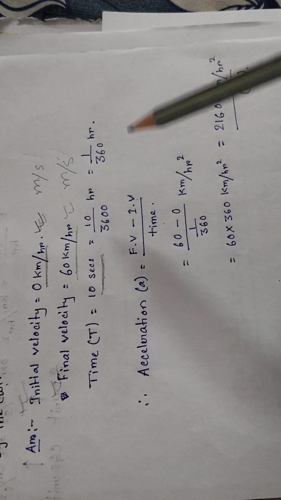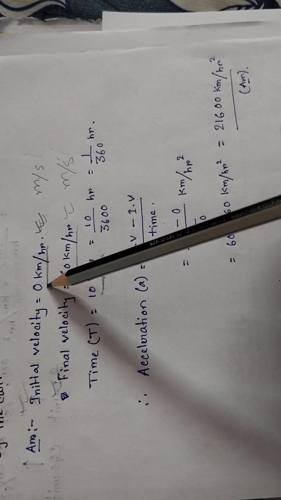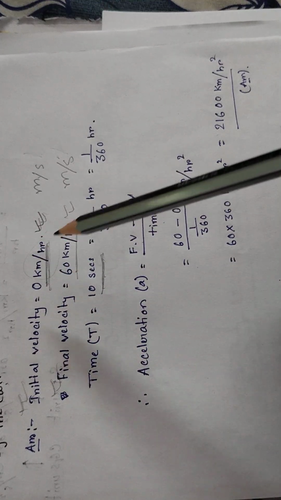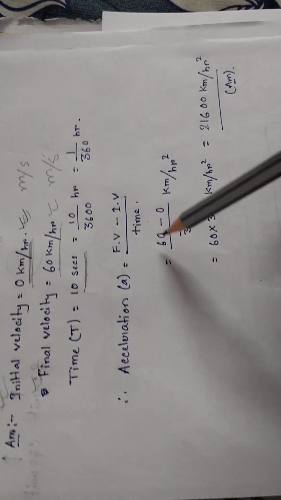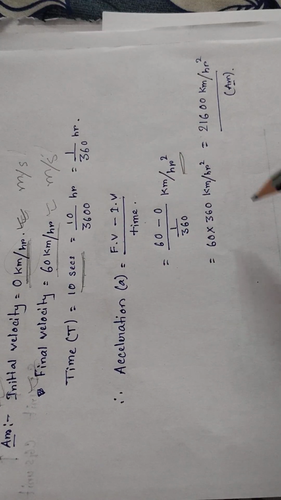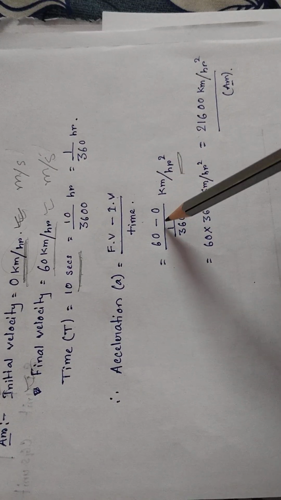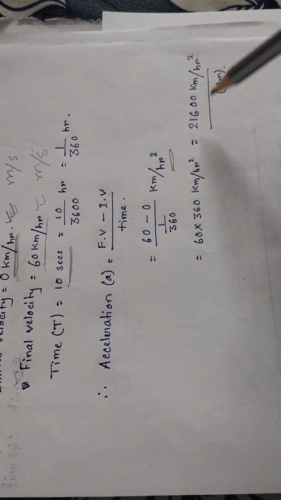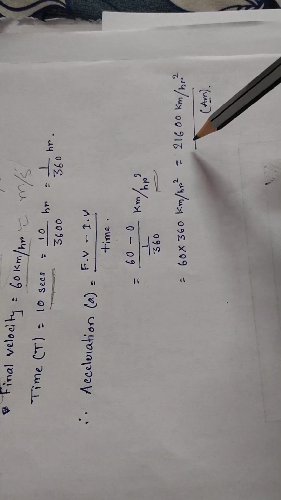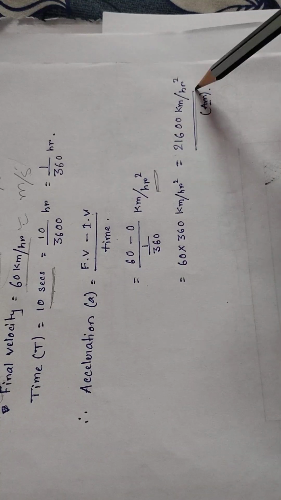So here, since I have kept the unit of velocity as kilometer per hour, I have used kilometer per hour square here, so you have to be careful about the unit also. So I have put the value and I have got the result as 21,600 kilometer per hour square.